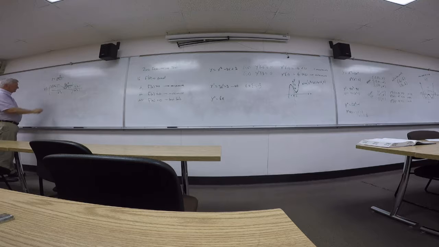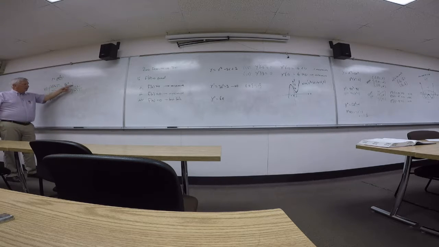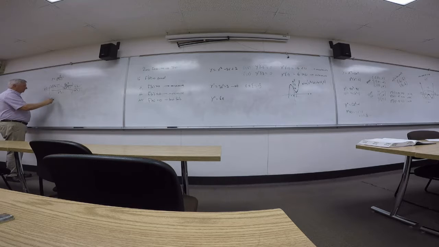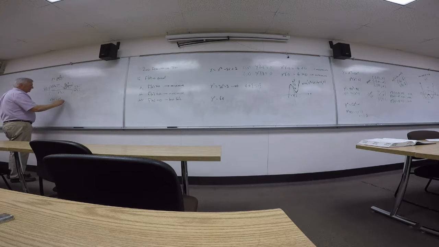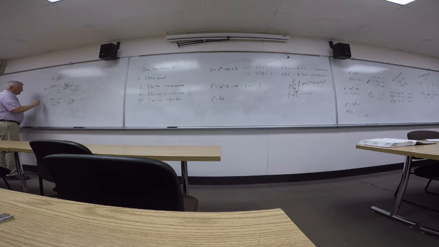This becomes x squared plus 1. This divides out, minus x squared. The denominator becomes x squared plus 1 to the 3 halves. Since that divides out, this is 1 over x squared plus 1 to the 3 halves. That's my y prime.